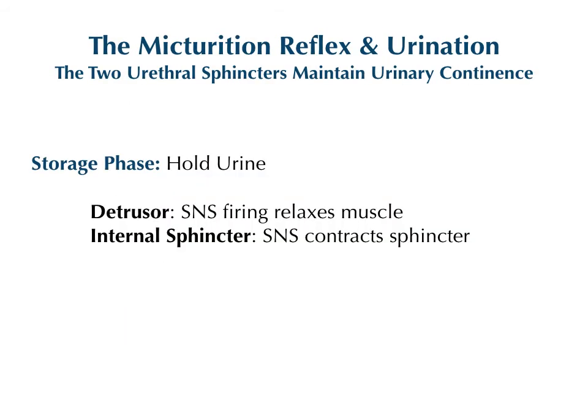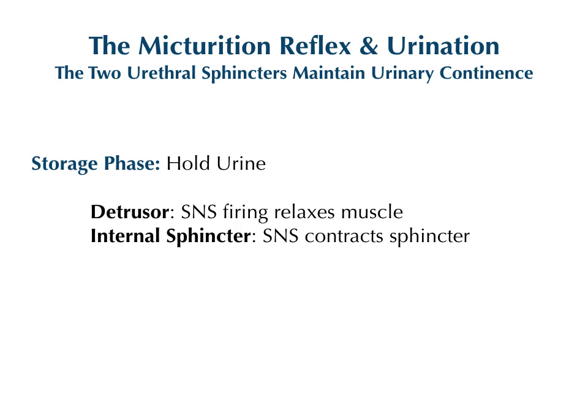Let's now re-examine the micturition reflex just because it is so highly tested. In the storage phase, where you are trying to retain or hold onto urine, this is largely controlled by the sympathetic nervous system. The sympathetic nervous system will fire and relax the bladder wall, or the detrusor, which is the primary contractile muscle of the bladder.